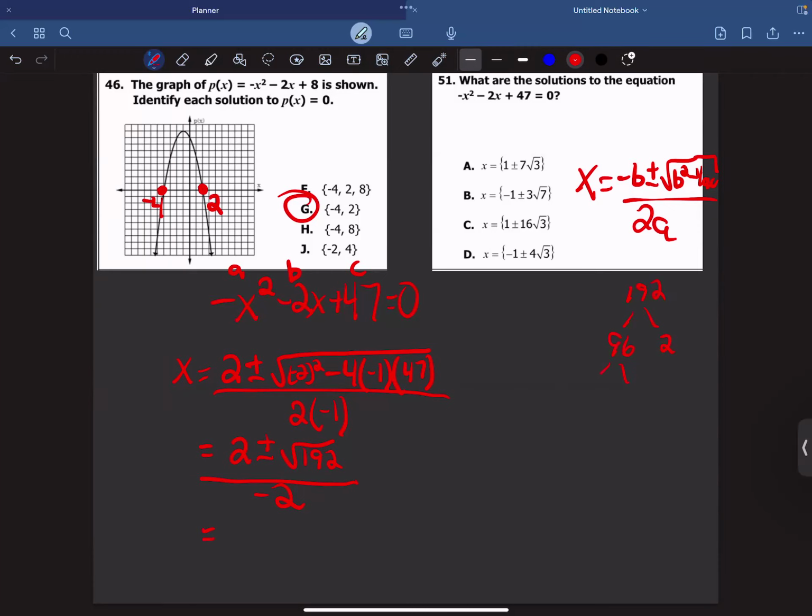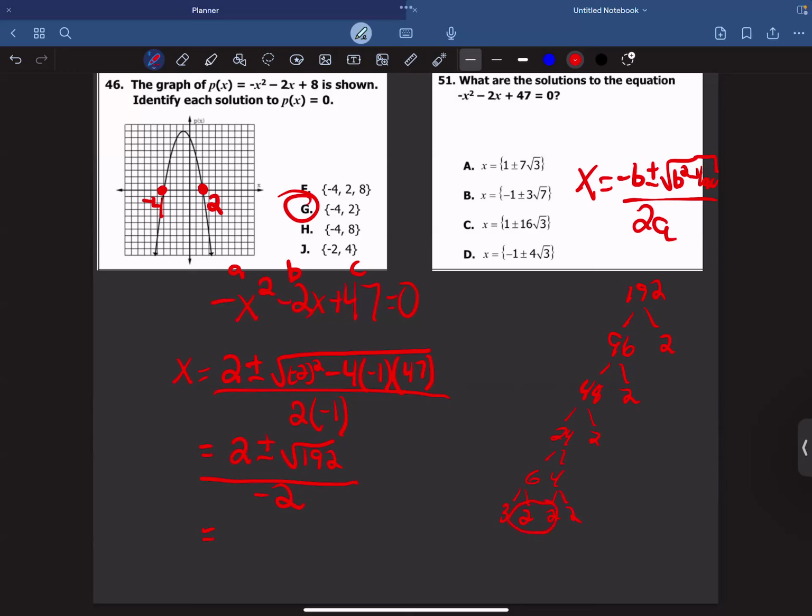Okay. This is going to be 48 and 2. We can go further down. 24 and 2. 6 and 4. 3, 2, 2, 2. All right, so how many pairs do I have?